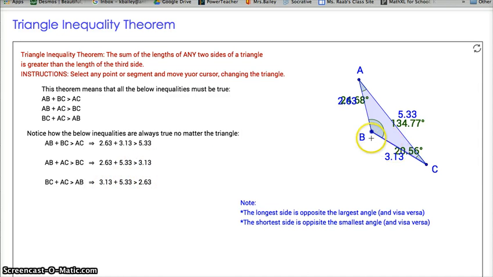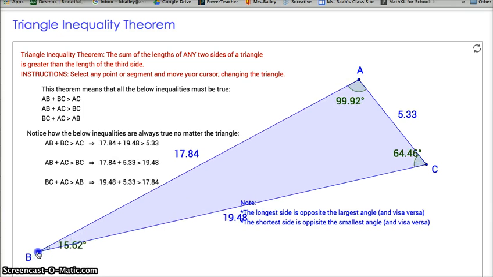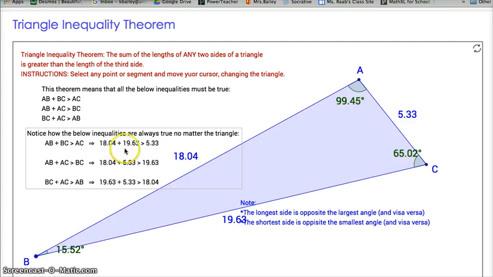And grab your calculator and add up those side lengths. Even if we got to something pretty big, 18 and 19 is bigger than 5. 18 and 5 is bigger than 19. 19 and 5 is bigger than 18.